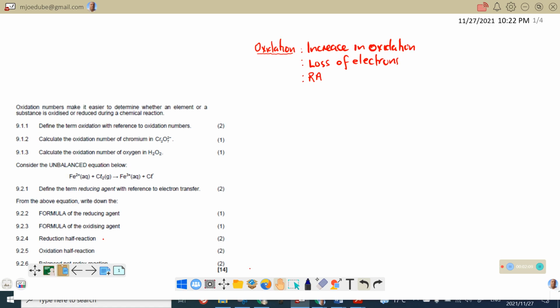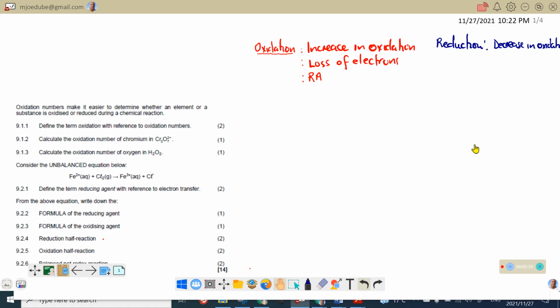So when we look at reduction, what are we going to say? Reduction is a decrease in the oxidation number of the species.